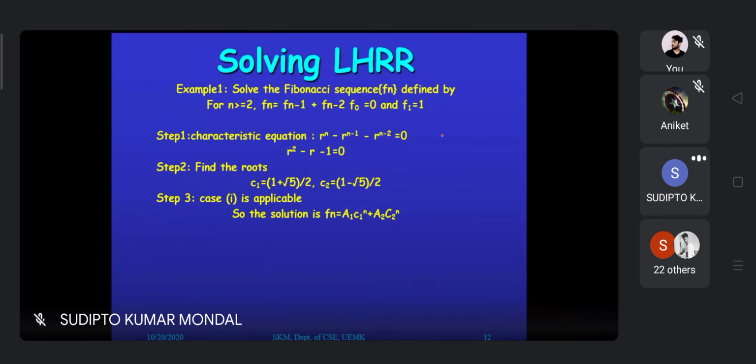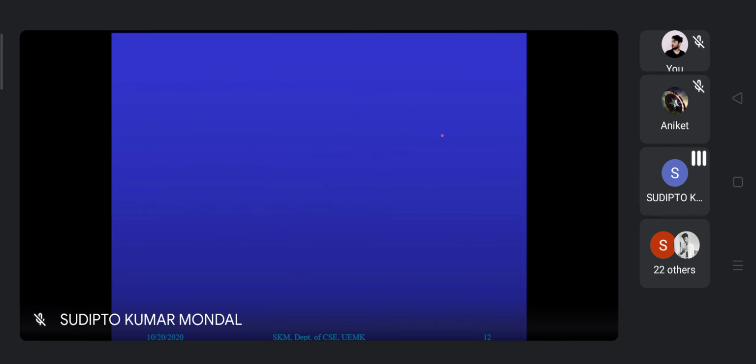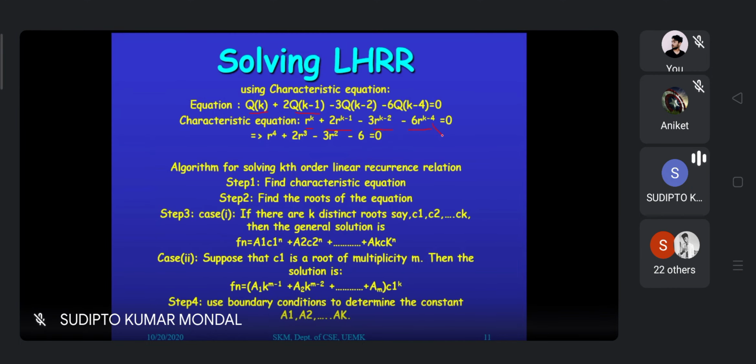Actually, if I go back quickly to the previous slide, what is rule 1 saying? If k number of distinct roots are there, then the possible solution of this equation is a1 into c1 to the power n, where c1, c2 are the roots.